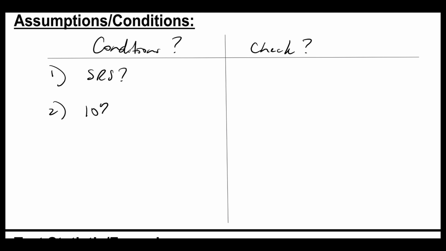Conditions, assumptions. Literally word for word what we did last chapter. So first one was SRS. Second one, 10% condition. And then the last one, normality.